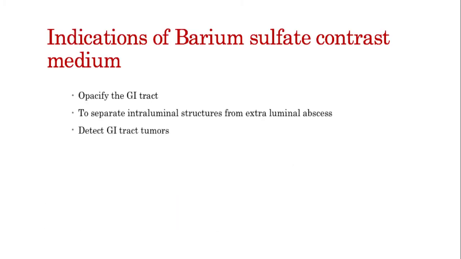So indications of barium sulfate contrast medium, we need it to opacify the GI tract, to separate intraluminal structures from extraluminal abscess. This is very important. So let's say the patient has been sent from the clinician for a barium enema, or whatever barium sulfate examination, and the patient has an abdominal abscess.